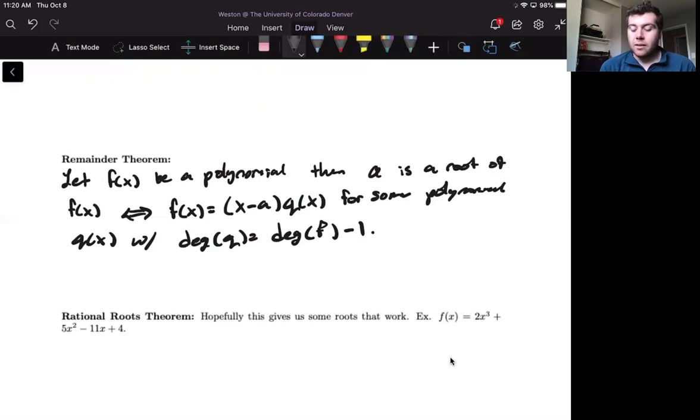And so we'll be interested now in finding roots of polynomials and then factoring them out using polynomial long division. So there we go. In the next video, we'll talk about the rational roots theorem, which will give us a technique to hopefully find some roots.